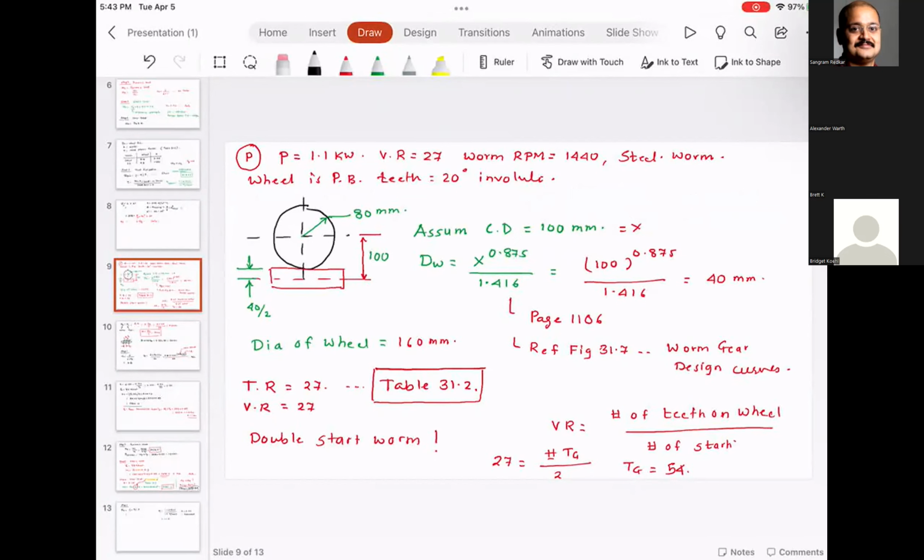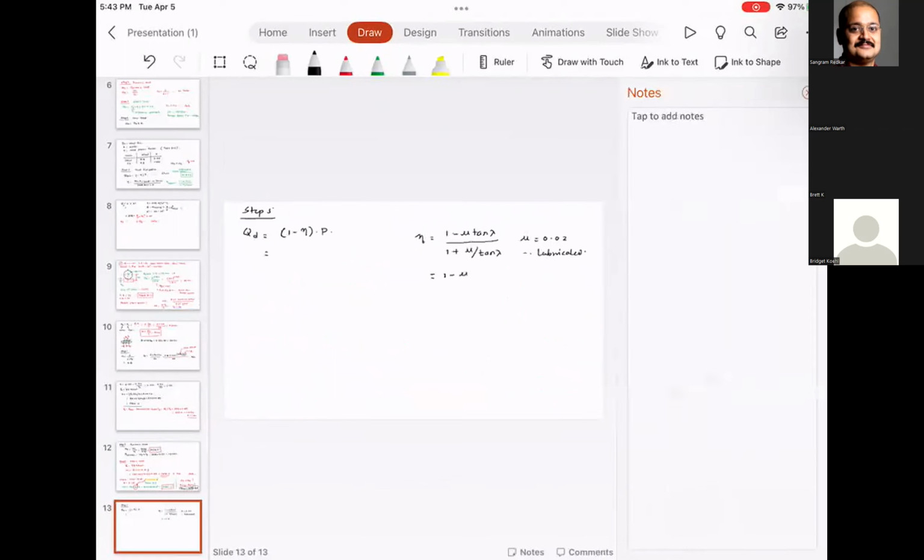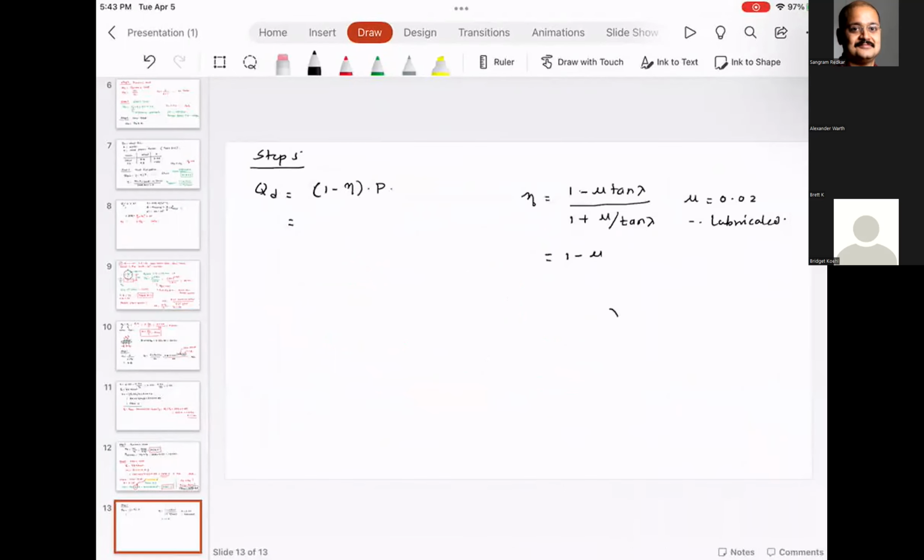They gave us the axial pitch, right? So lambda is equal to tan inverse of lead divided by pi times diameter of worm. Since it's a double start, lead is 2 multiplied by axial pitch, divided by pi times diameter of worm.